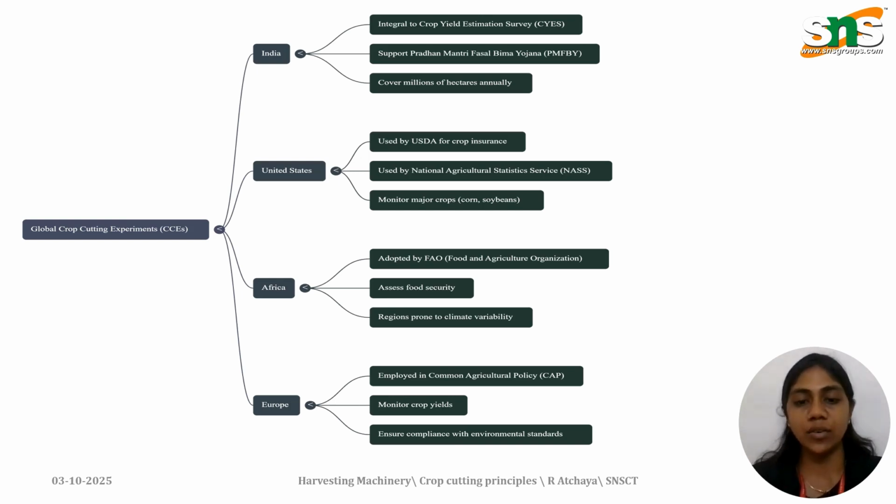In American countries, that is in Mexico, FAO field tested CCE methodologies in 2021, training teams on threshing and dry weight calculation for maize and beans, improving the national yield surveys. Jamaica also piloted it for root crops.